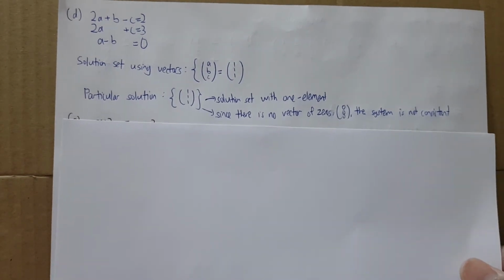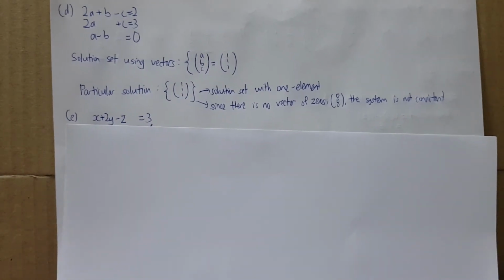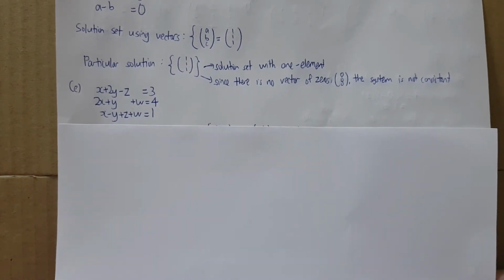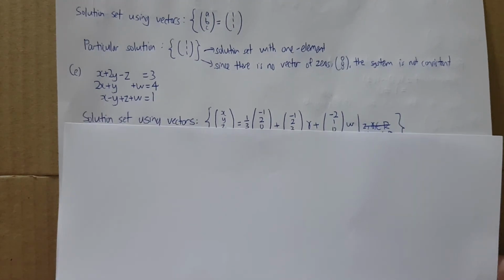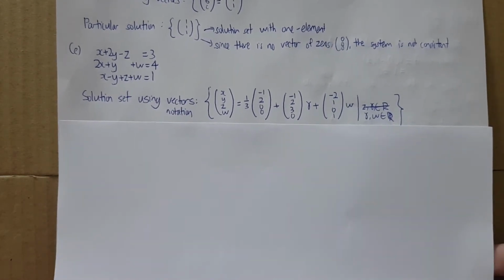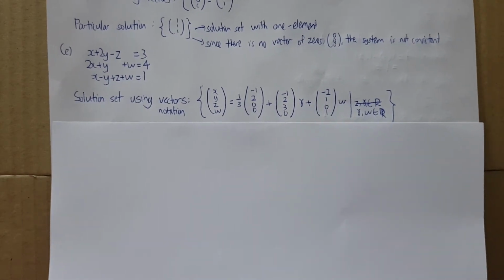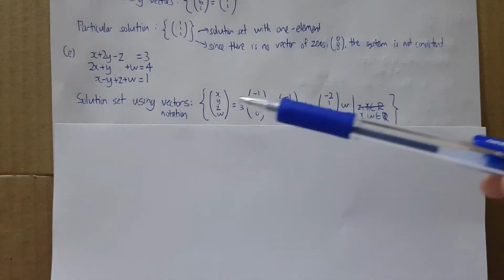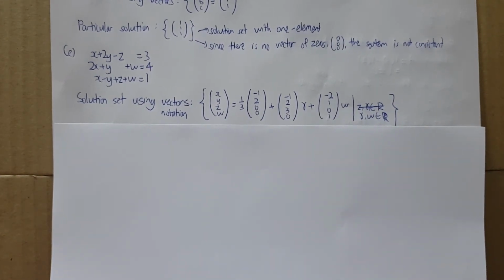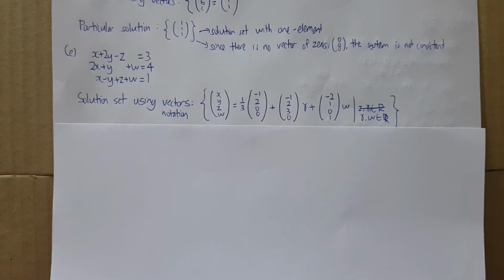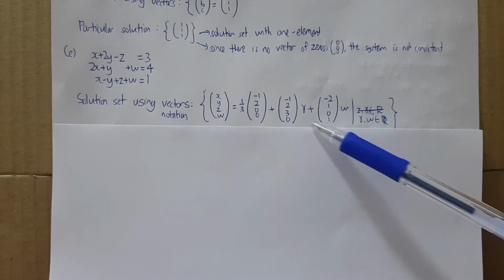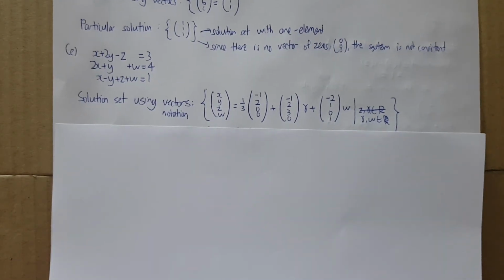Now let's take a look at the last example, which is this. Just like what we covered earlier on, this is our solution set using vector notation. To get our solution set using vectors, we just expand all these terms here. As you can see, this is different from the previous examples because now we have two free parameters, which is two non-leading variables.